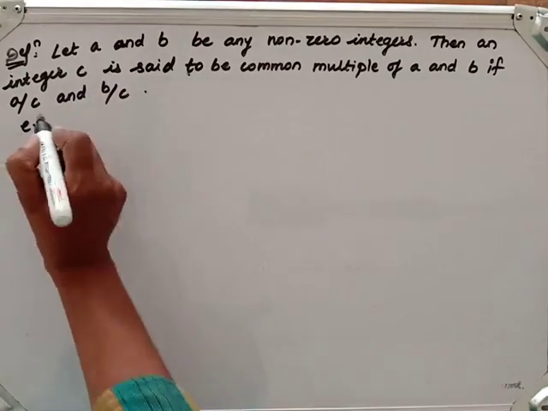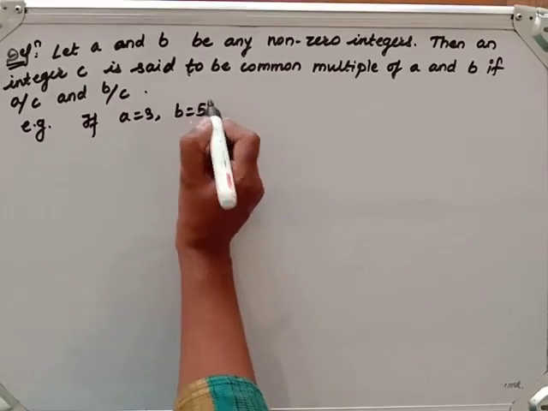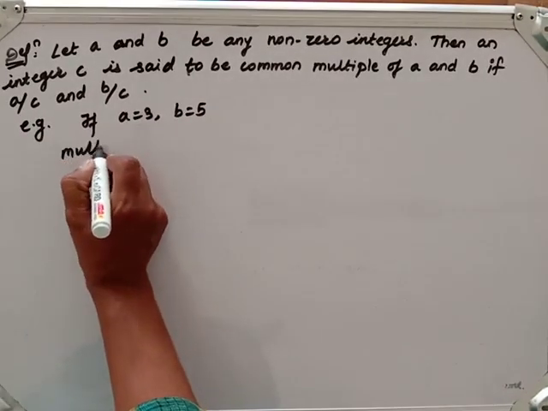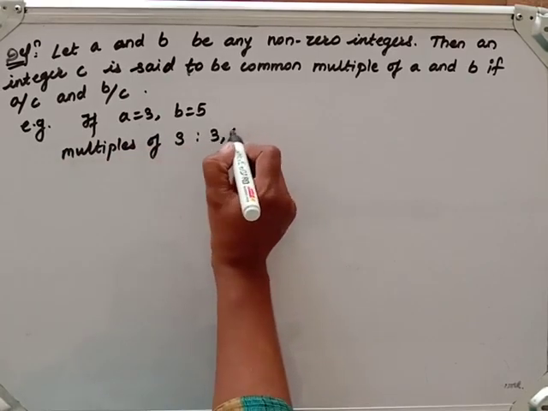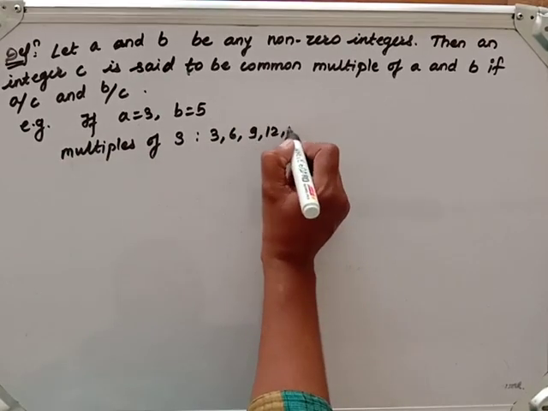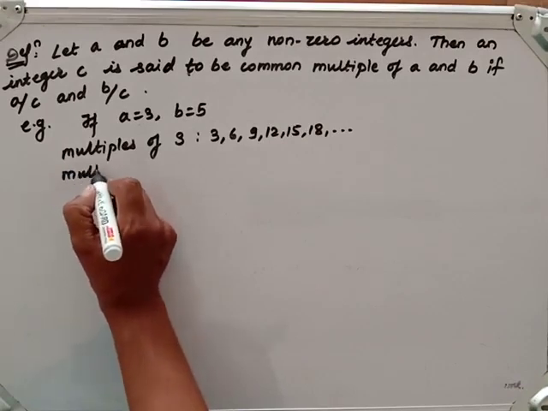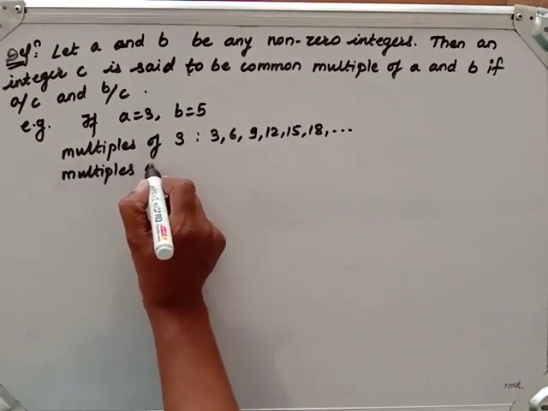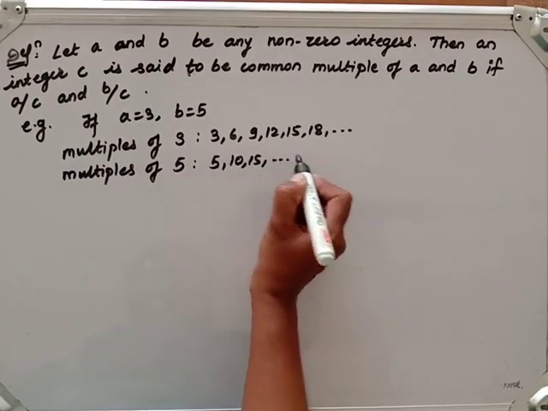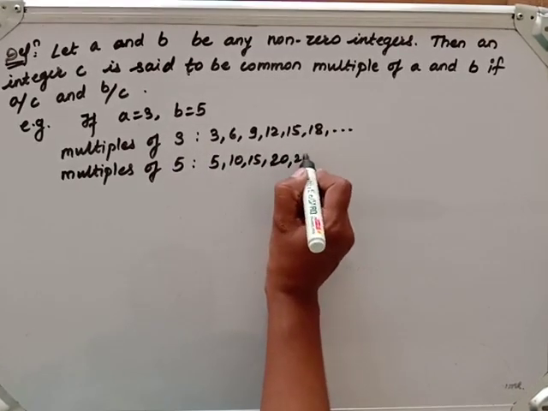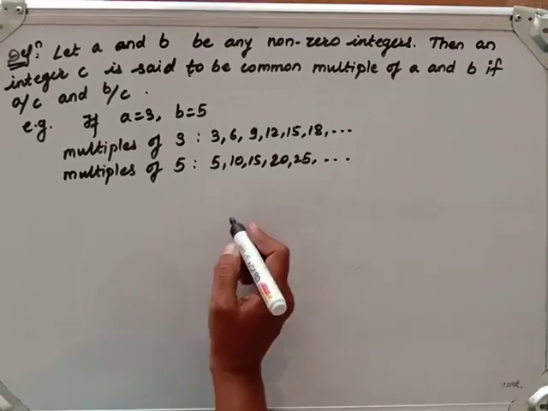Now for example, if A is equal to 3, B is equal to 5. Multiples of 3 are 3, 6, 9, 12, 15, 18 and so on. Multiples of 5 are 5, 10, 15, 20, 25 and so on. Here, what is a common multiple of 3 and 5?